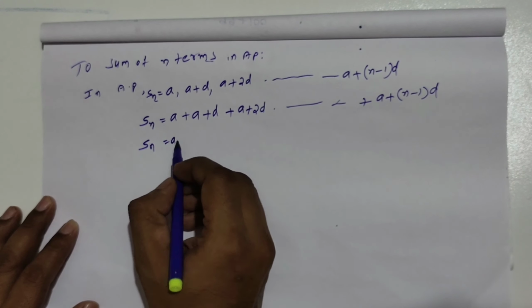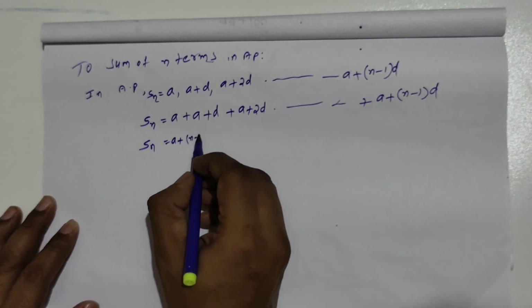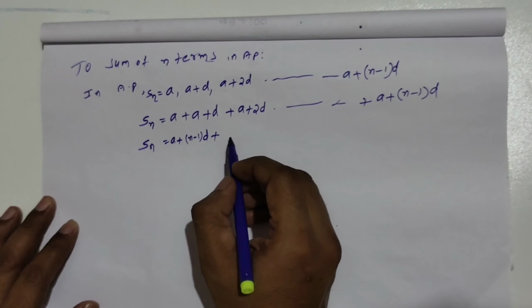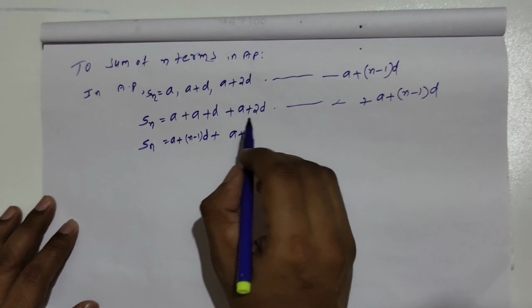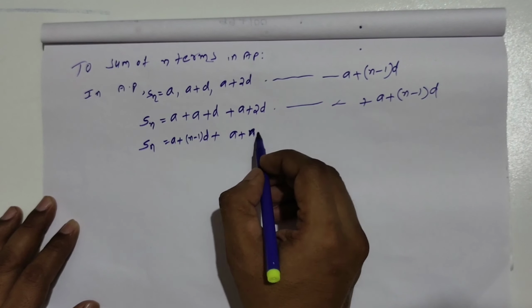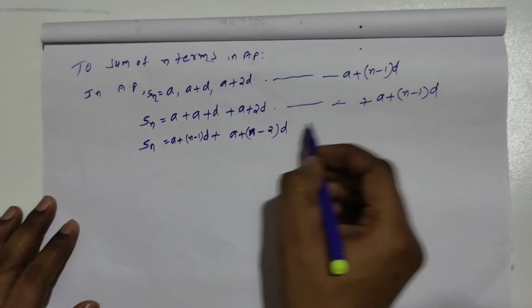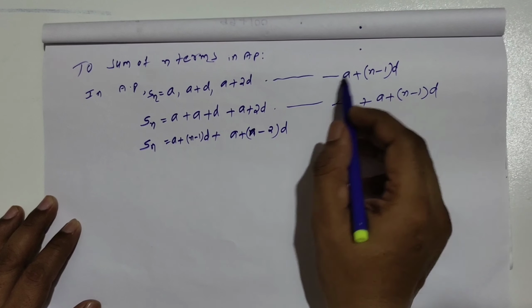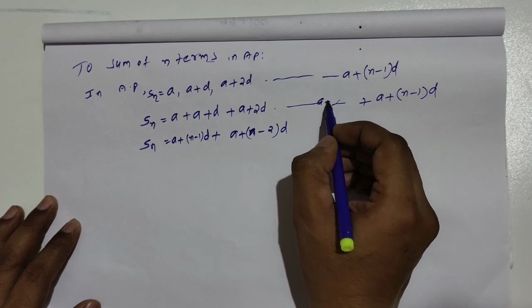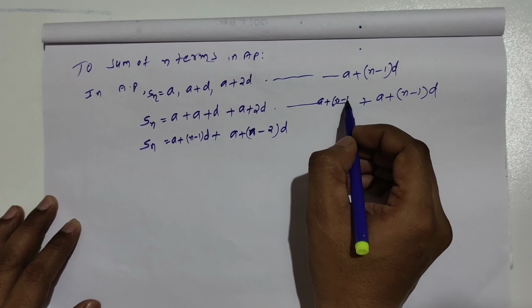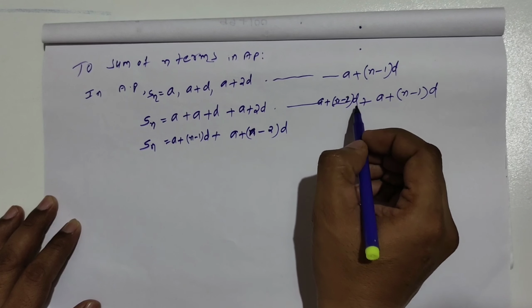In reverse order we get a plus n minus 1 into d, and the term before it is a plus n minus 2 into d. Why? Because the last term is a plus n minus 1 into d, and the term before it is a plus n minus 1 minus 1, that is n minus 2 into d.